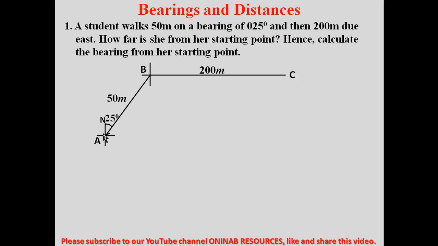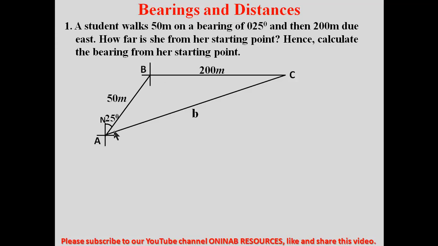So meaning we are joining A to C, and this is angle B, so this is side b. We have to calculate side b. Since we are given two sides and we are looking for the third side, it is advisable you look, is it possible we get the angle at B?